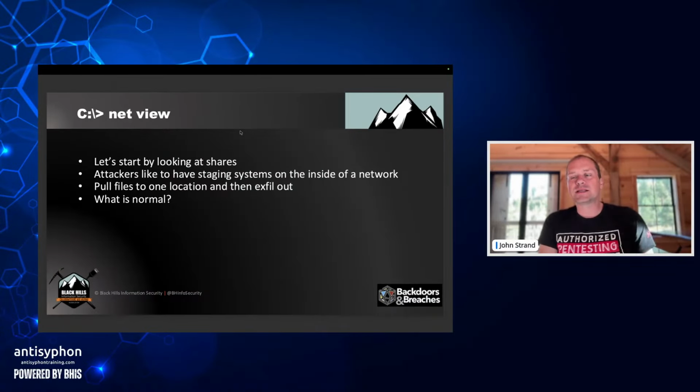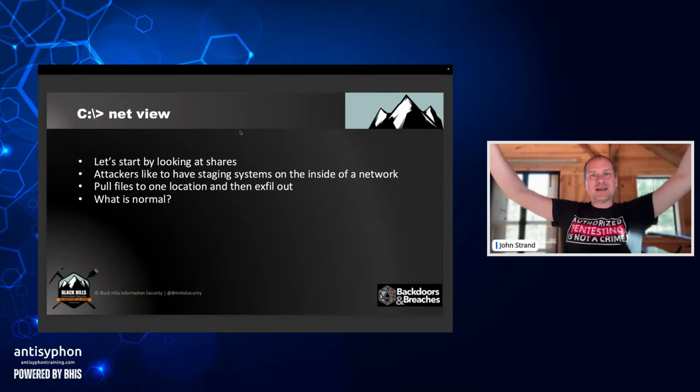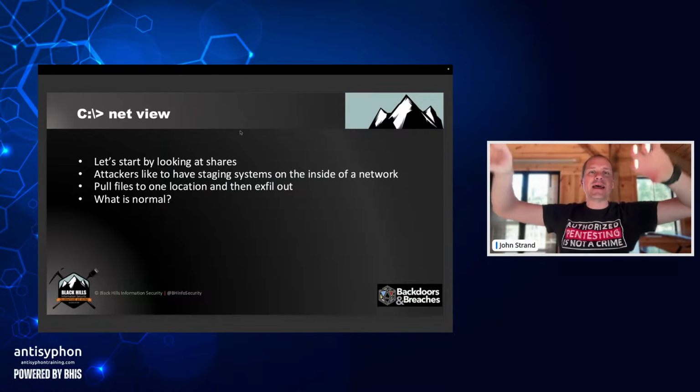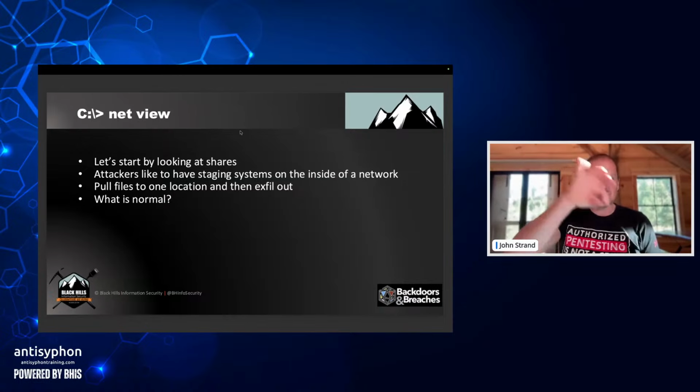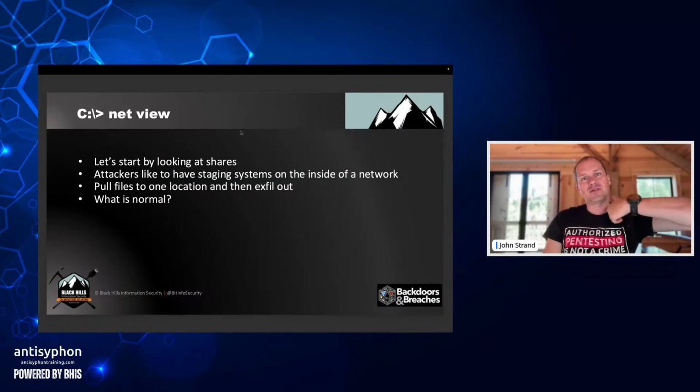net view. One of the things that a lot of attackers do is start by compromising a single computer system, and then they will open a share on that computer system. One of the reasons they do that is because they're going to compromise other computers and they need to exfiltrate files. So they'll use one computer system as a staging host to pull those files down, RAR them up, and then exfiltrate them out of the network.